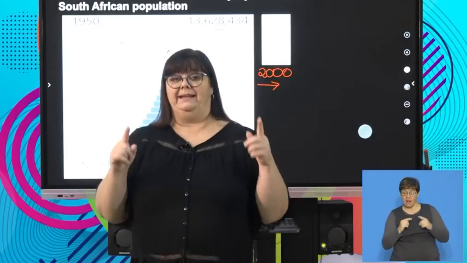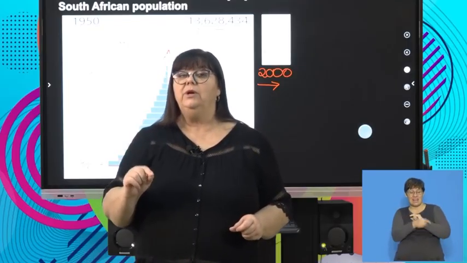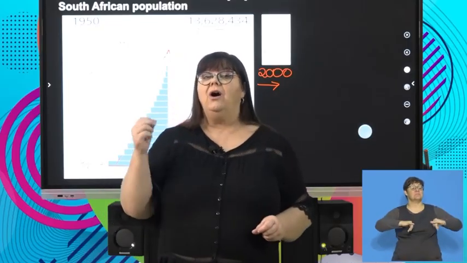Other countries may have contracting populations, and if we add the contracting and the stable and the expanding data together, overall we find that there are more countries in the world with the same kind of age-gender distributions as South Africa, which means that overall human populations are expanding and growing.